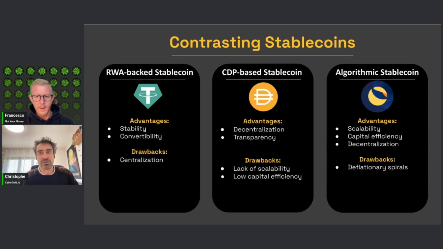So this was for the centralized stablecoins, but the decentralized stablecoins also have some challenges. For example, there is the exchange rate risk for the CDP-based stablecoins, since they have reserves in Ether, for example. If the price of Ether drops very fast, it can be challenging for the protocol to remain sufficiently collateralized.